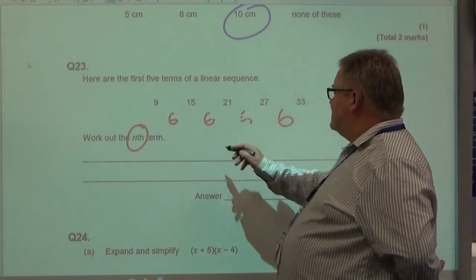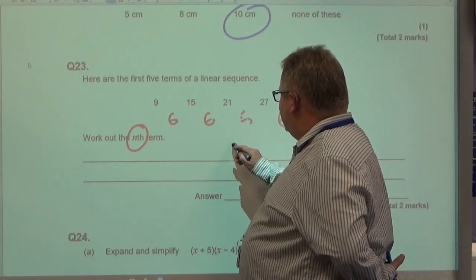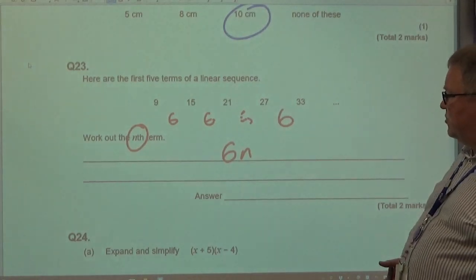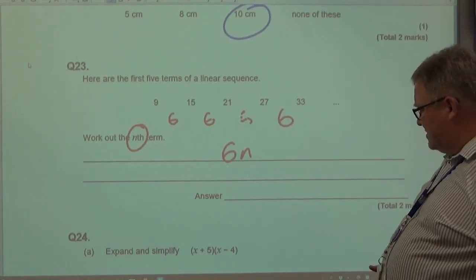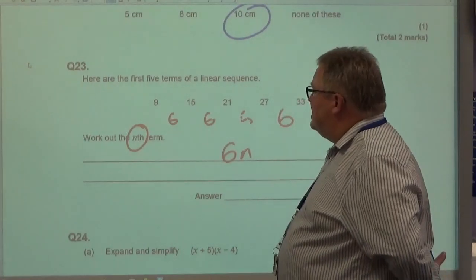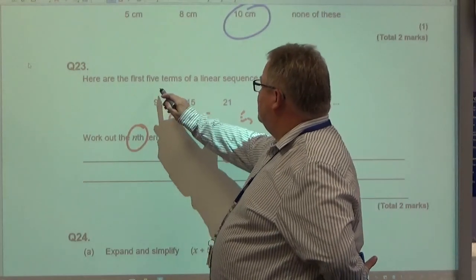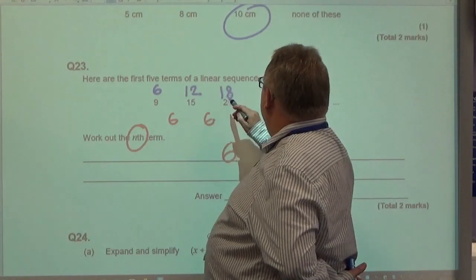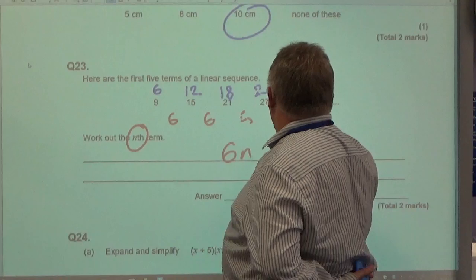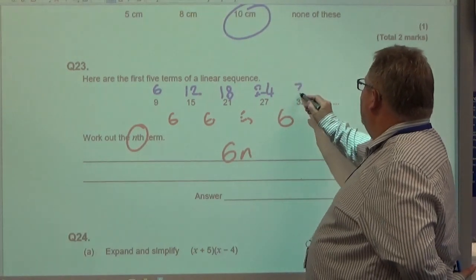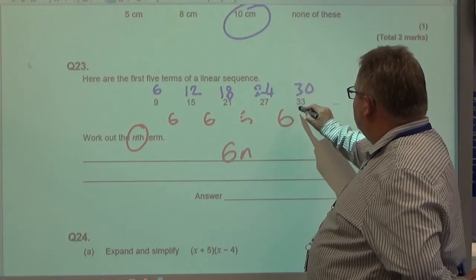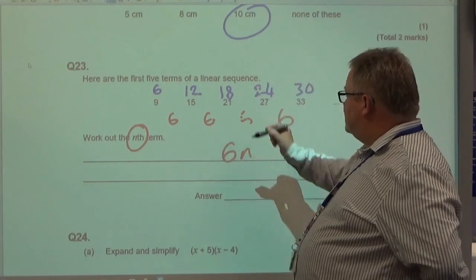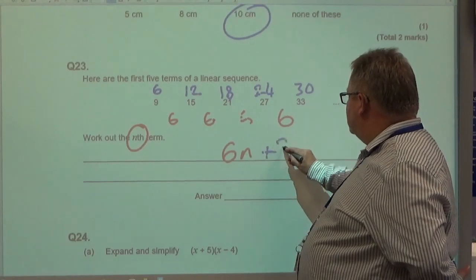Now, what that means is that in an nth term, it will be 6n, because it's something to do with the 6 times table, but it's not quite the 6 times table. If we put the 6 times table here, we've got 6 there, 12 there, 18, and 24 there, and so on, and 30 there, our sequence is always, you can probably spot that, 3 more each time, so it's going to be 6n plus 3.